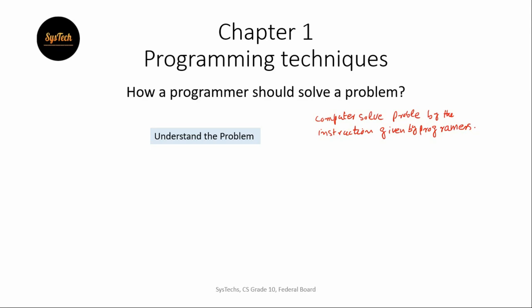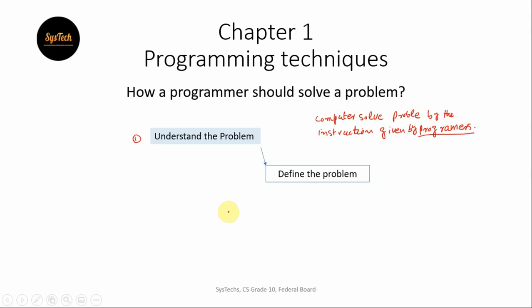So, before writing your programs, a programmer needs to know something. What are these things? Number one, he should understand the problem. What the problem is, and for this problem, what proposed solution the programmer is giving. To understand the problem, the computer programmer should understand and define the problem itself.